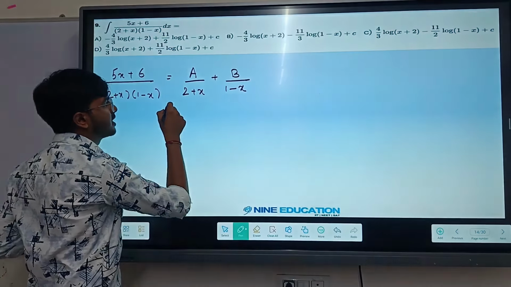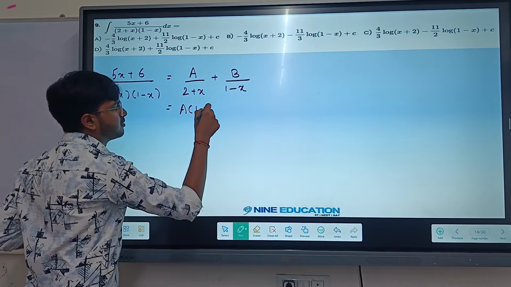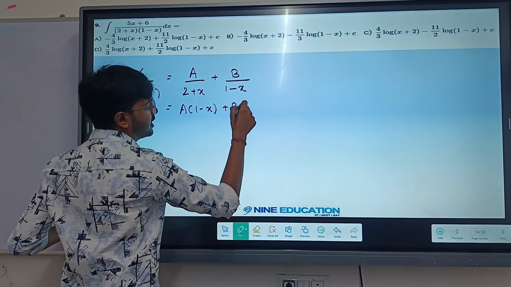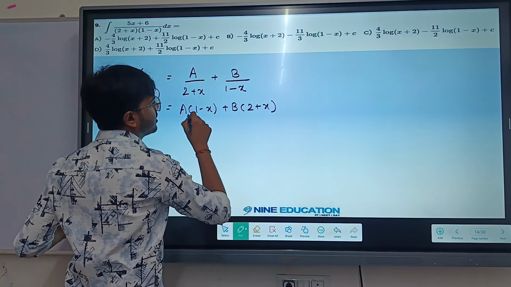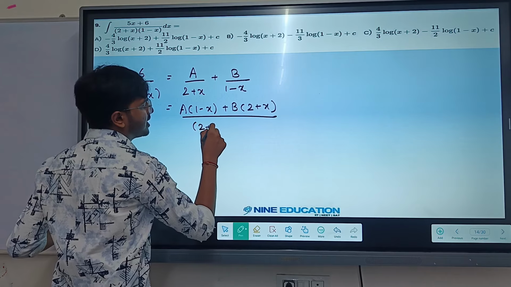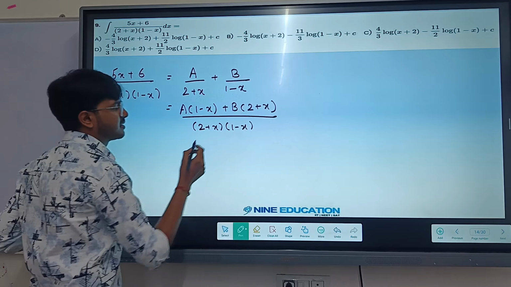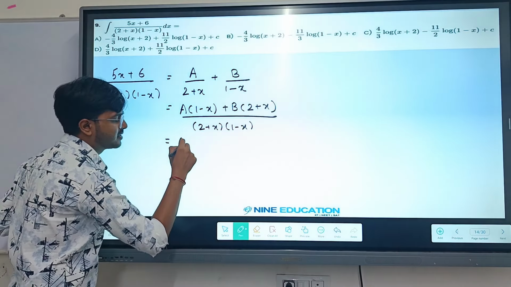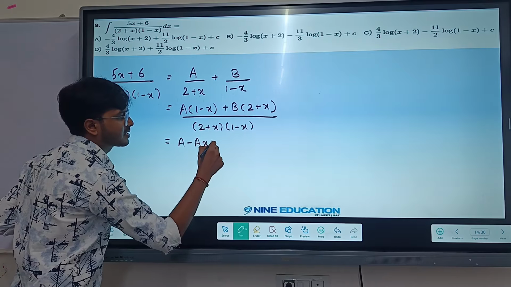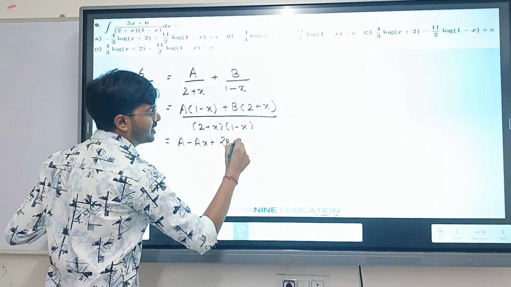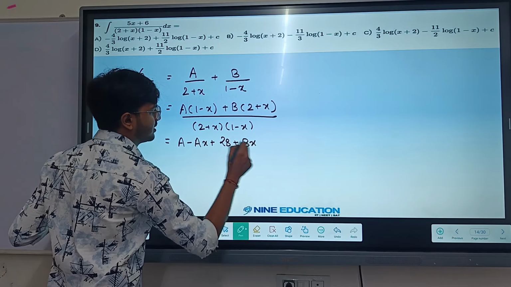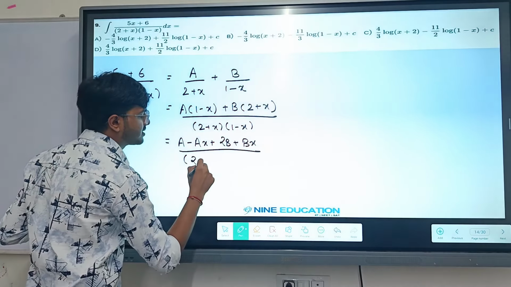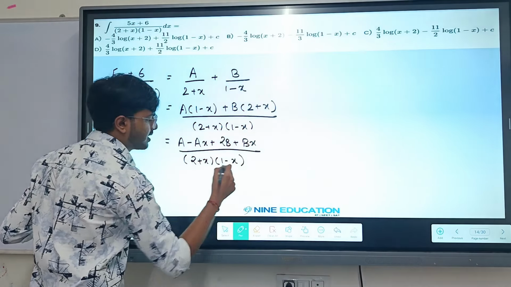And if I take LCM, what will I get? A into 1 minus x plus b into 2 plus x divided by 2 plus x into 1 minus x. That is, multiply a inside, a minus ax plus 2b plus bx divided by 2 plus x into 1 minus x.